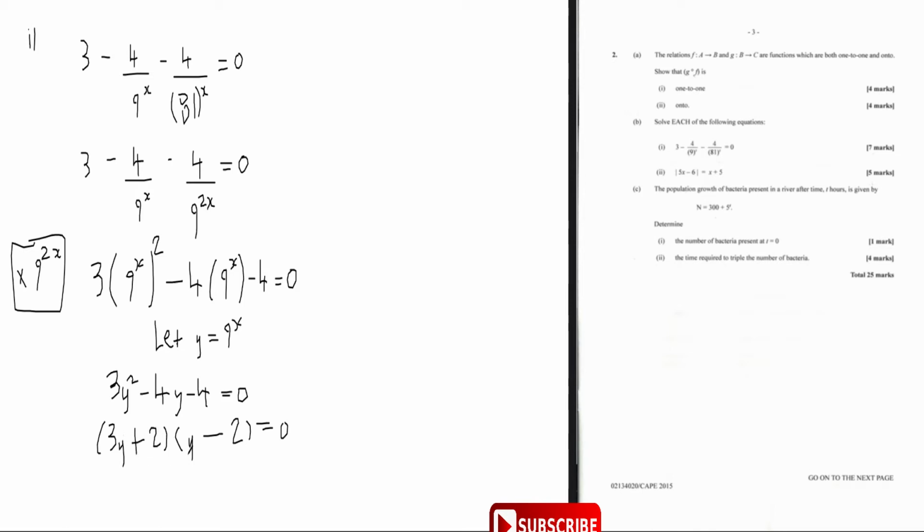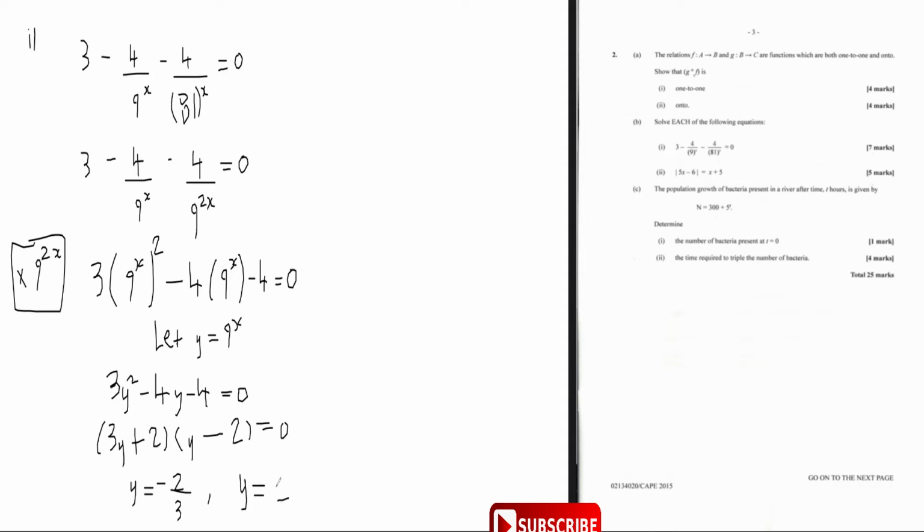Let's check it out. This time this is 3y squared, this is minus 6y, this is plus 2y, which gives us back minus 4y. So we're good. In this case, y is minus 2 over 3, and here y is 2.